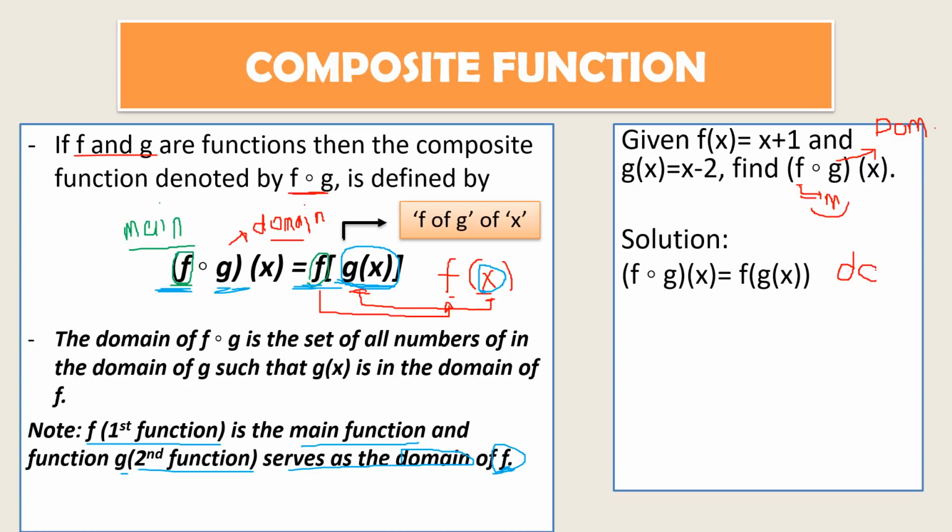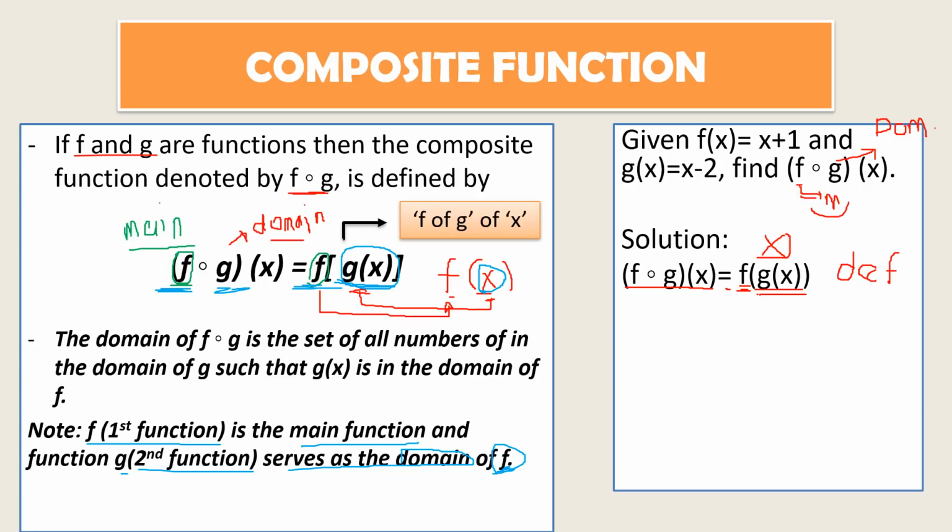Paano po kasi yung definition ng composition of functions? Ang definition po would be composition of function f and g of x is equal to main function f, tapos meron siyang parenthesis. Sa loob ng parenthesis, we have the domain kasi nga ito yung x. F of x. Tapos yung x dito, papalitan natin ng g of x.